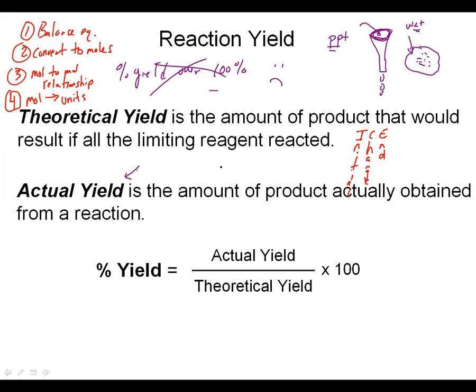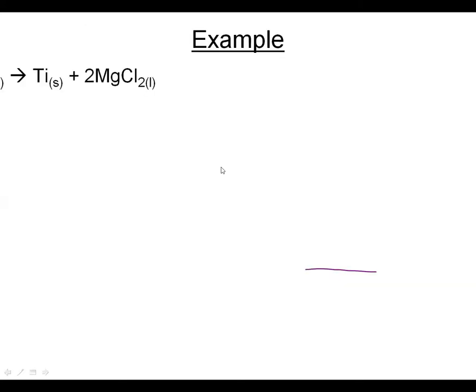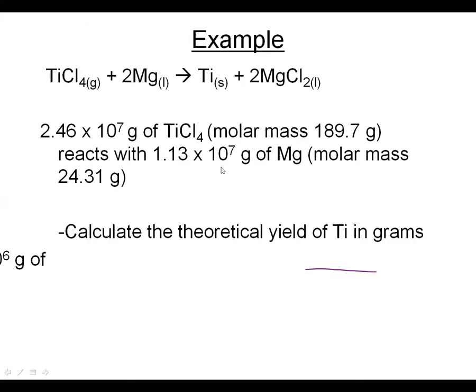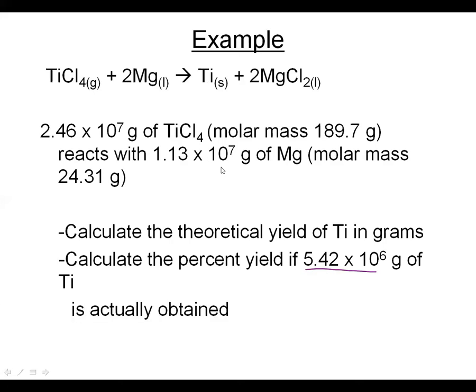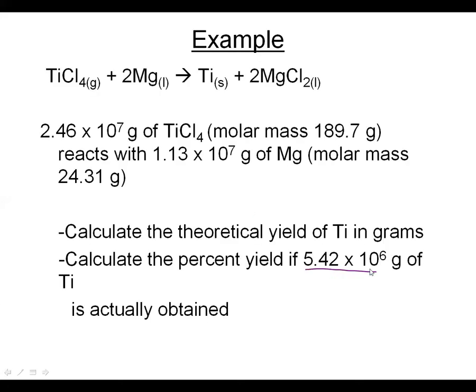All right, so I think we have another problem, if I'm not mistaken, which is this one. I don't think we did this one. Correct me if I'm wrong, but I don't believe we did. So why don't you take 5 minutes or so to work through this one and see what you come up with. Here we're looking for the theoretical yield of Ti in grams. We're also looking for the percent yield if we produce 5.42 times 10 to the 6 grams.